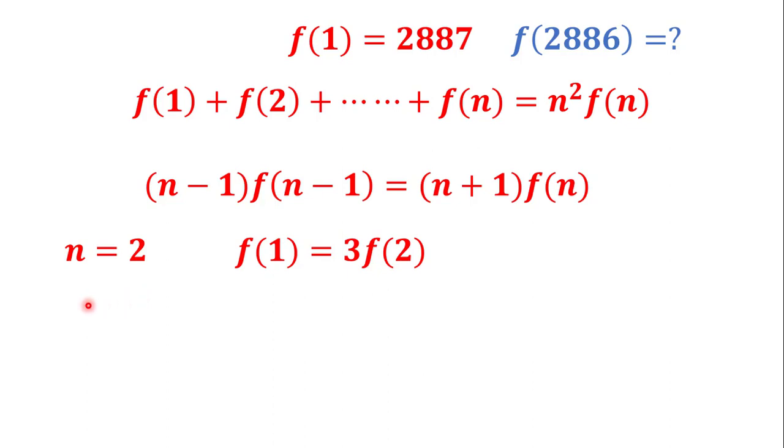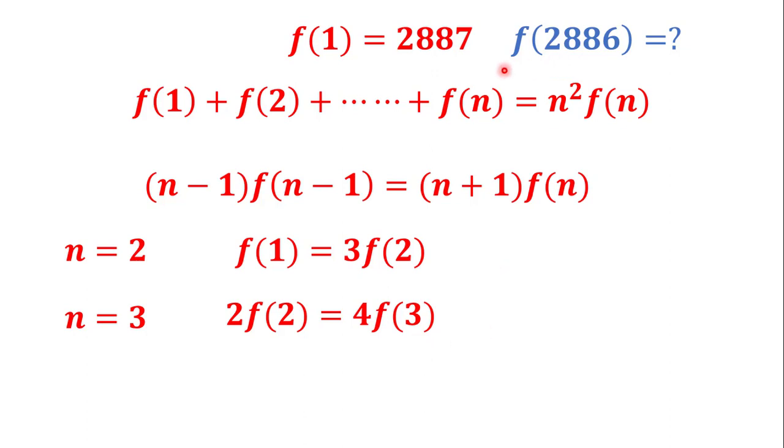If we put n equals 3, 3 minus 1 equals 2, and f(3-1) equals f(2), and n plus 1 equals 4, and f(n) equals f(3).